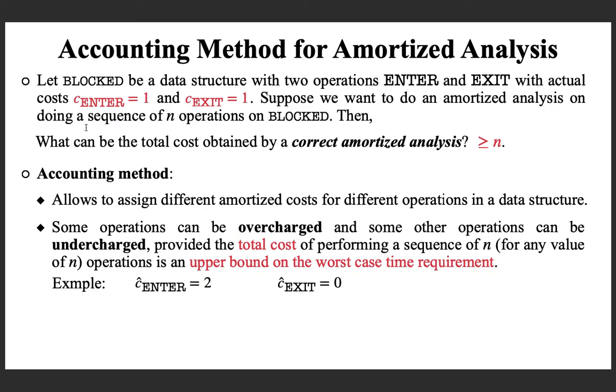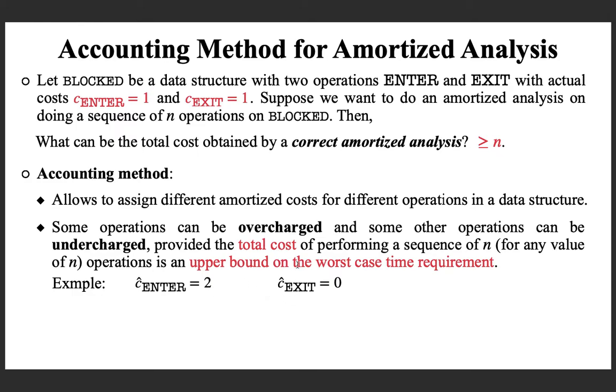Now this is the original cost. The original cost C for the enter operation is 1, but the amortized cost, which is represented as C cap, for enter is taken as 2. This is overcharging, because only 1 is the actual unit of time, but you have charged 2 units.